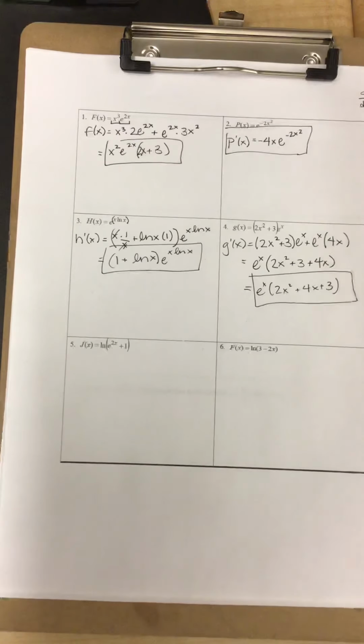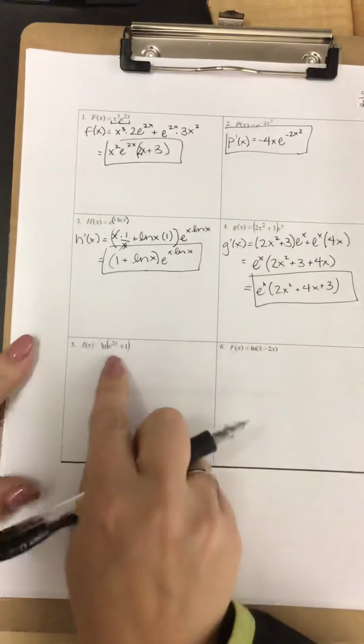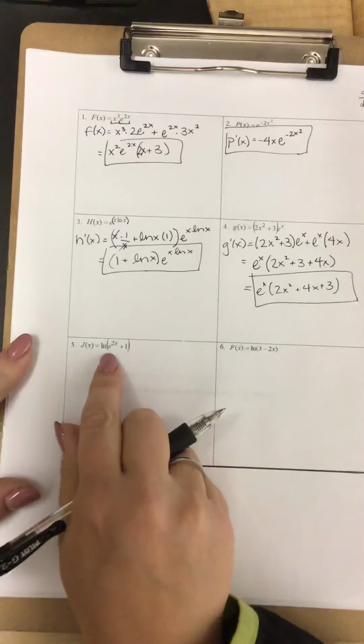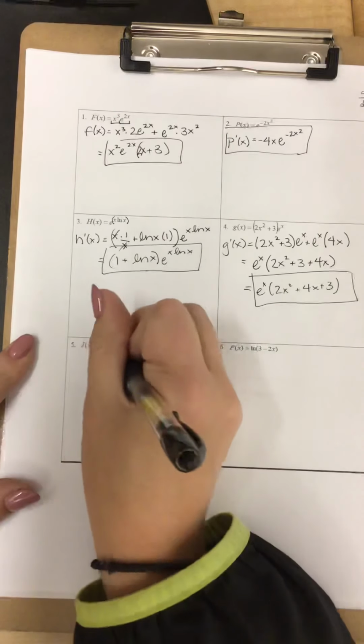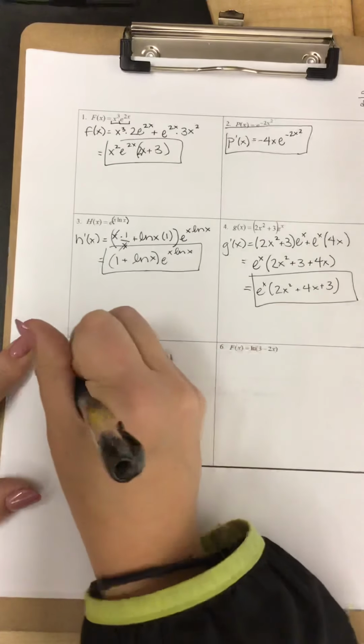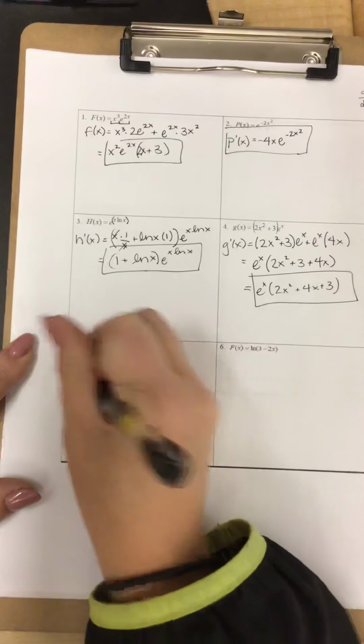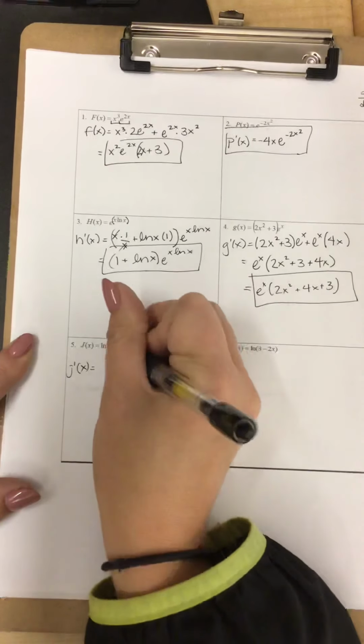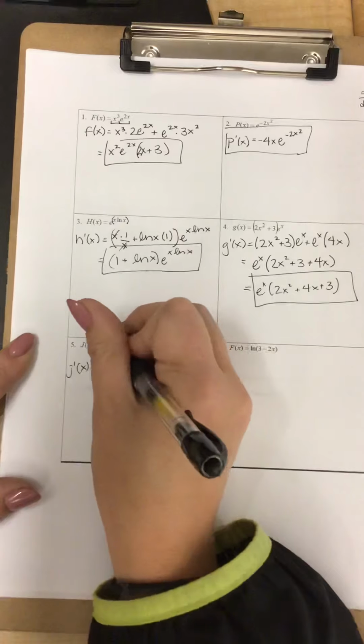For 5 here, we have a natural log with an inner function in here. So this is a double chain rule, actually. So the innermost function is 2 to the x. So I got the derivative of the inside, which is 2. Okay.